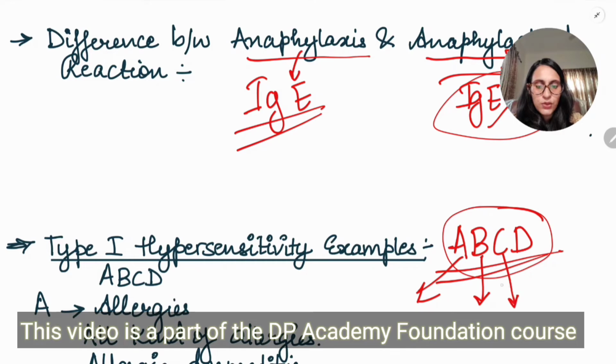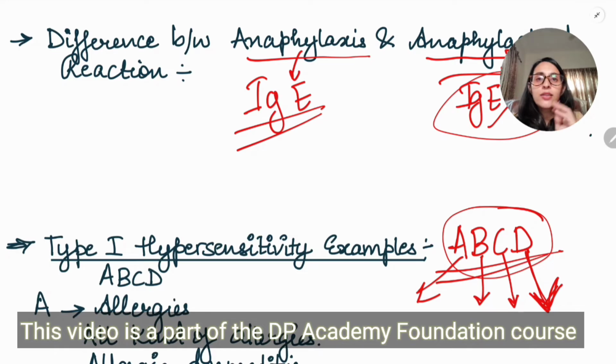C is Casoni test. We do not do the Casoni test nowadays, but it is done for hydatid cyst. And D for drugs. For example, if you give penicillin to a patient, sometimes the patient has an allergy to penicillin. So how are you going to test it? If the penicillin shows an allergic reaction, then we do this test.